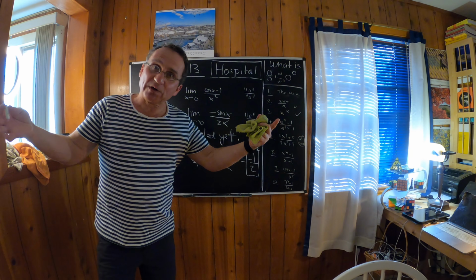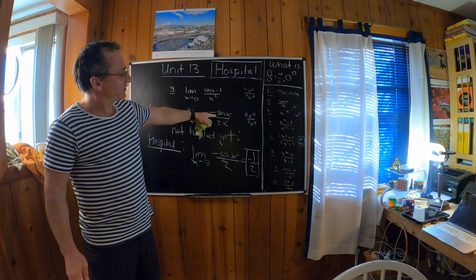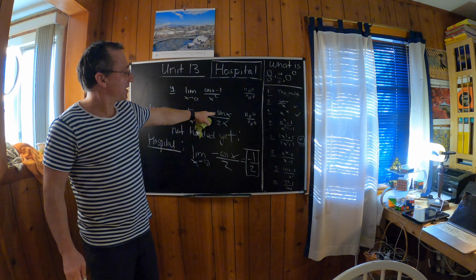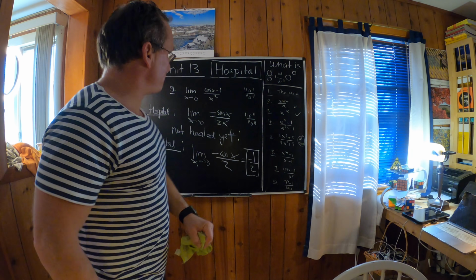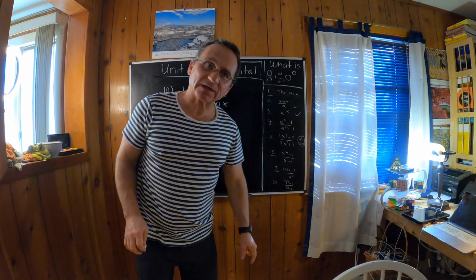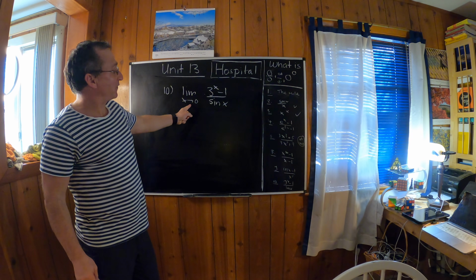So sometimes we have to heal it twice, sometimes we have to bring it twice to the hospital. Here we could also have seen it just with the fundamental limit of trigonometry, that sine x over x goes to 1.